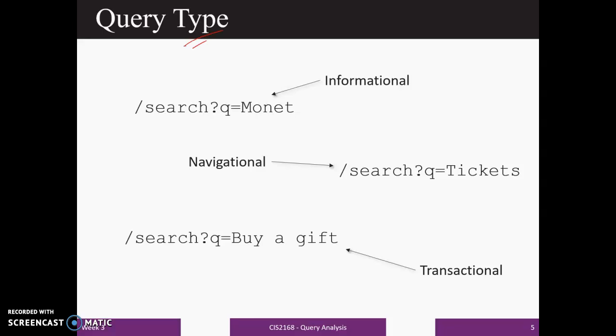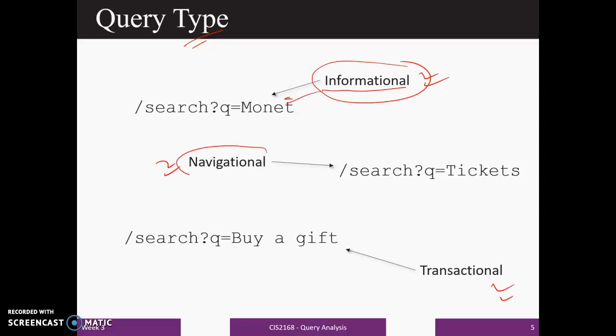If you remember, in part number 2, I explained 3 types of queries: informational queries, navigational queries and transactional queries. Informational query means if the user is searching for large data or a large website, then we call it an informational query.